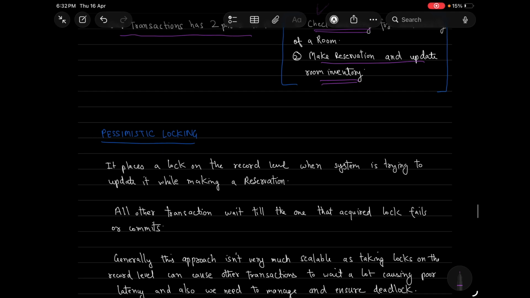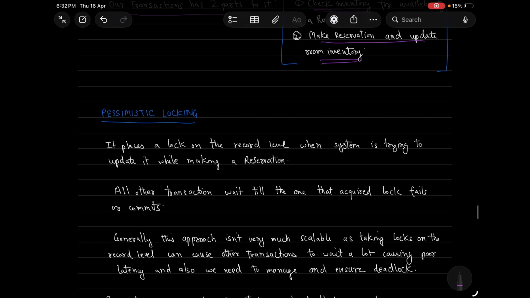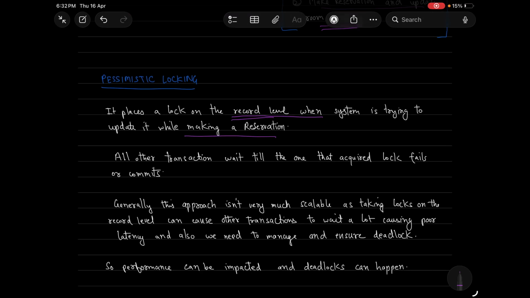Let's see how pessimistic locking takes care of this. It places a lock at the record level when the system is trying to update it while making a reservation. So the lock would be made at that specific record level when the reservation is being made by our reservation service. All other transactions wait till the one that acquired the lock fails or commits.